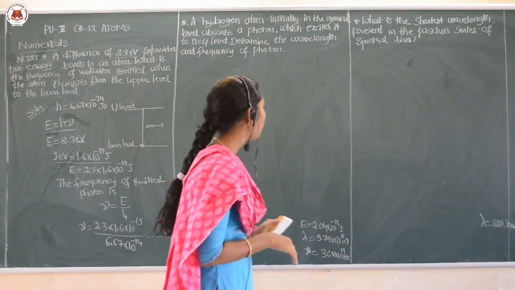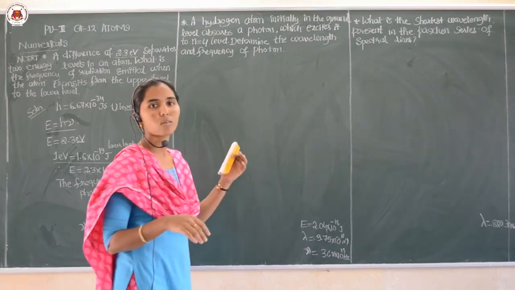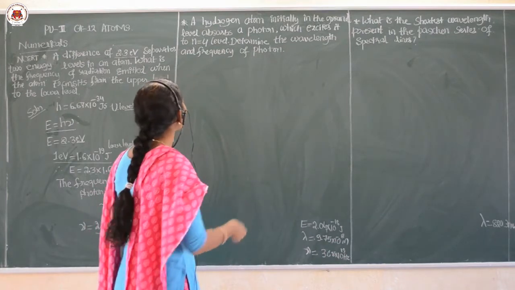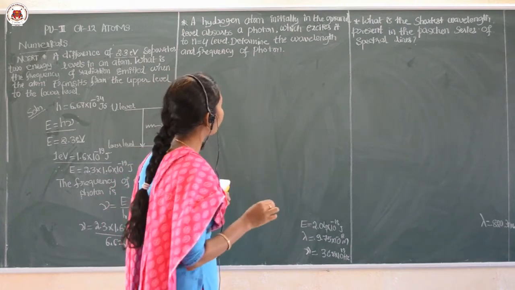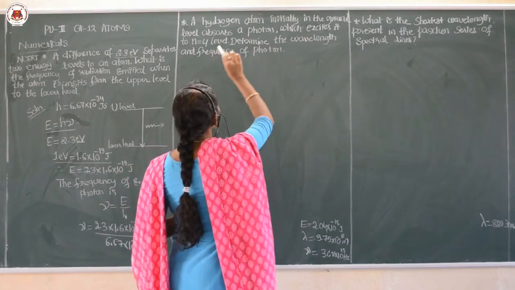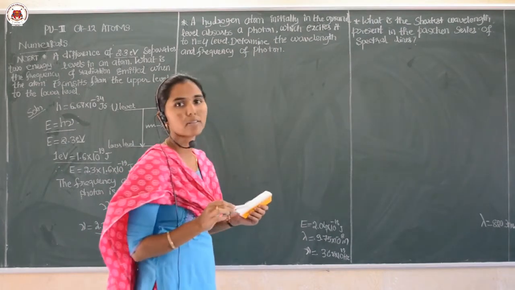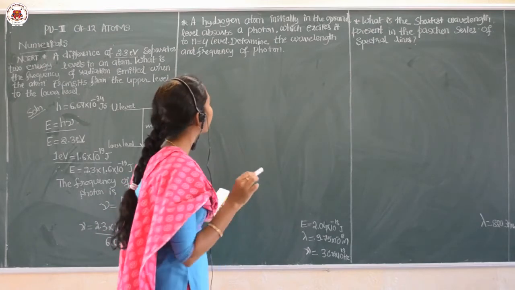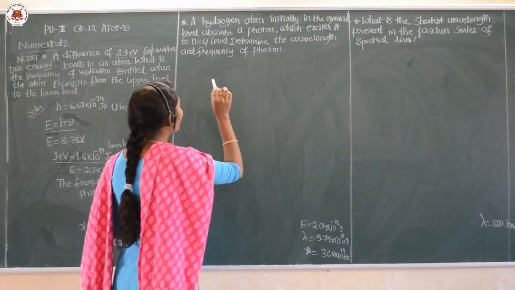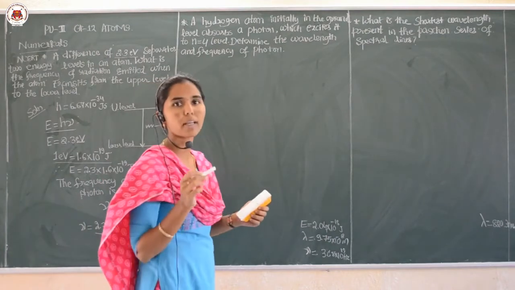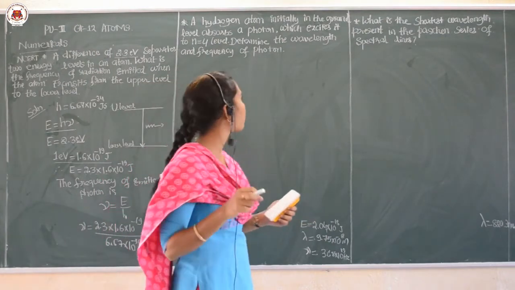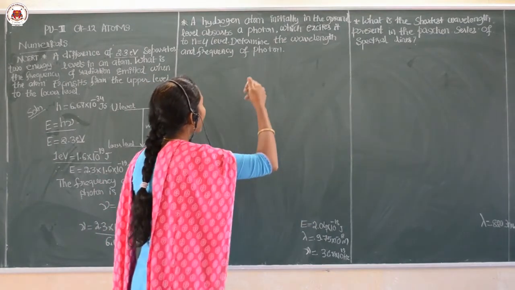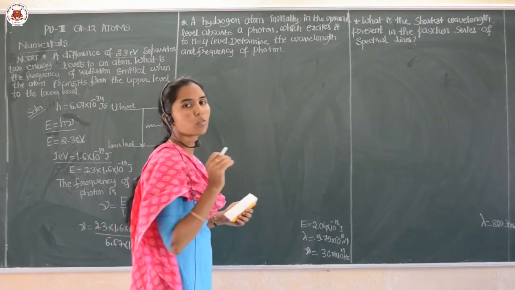Okay. Then moving to another example. A hydrogen atom initially in the ground level absorbs a photon, which excites it to n equal to 4.